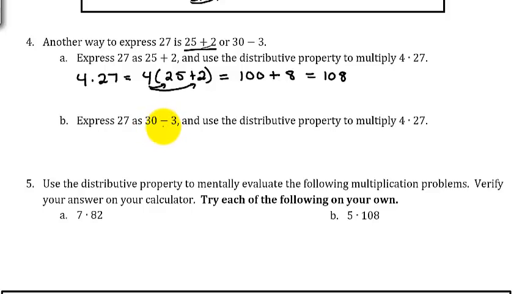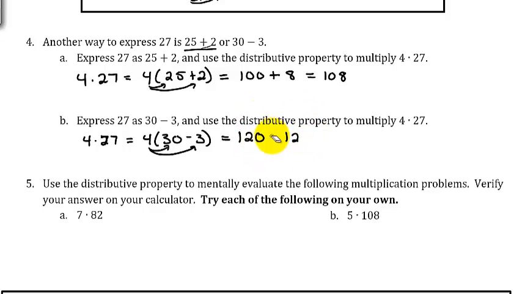Now we're going to do it with 30 minus 3, and so we're going to, again, take 4 times 27, but instead of multiplying the 4 to the 27, we're going to multiply it to the quantity 30 minus 3. Again, distributing, 4 times 30 is 120, and 4 times 3 is 12.